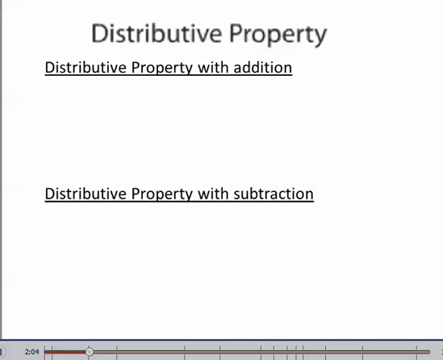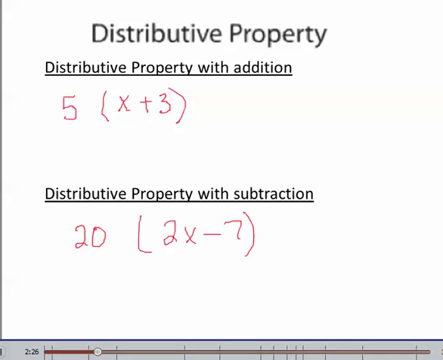So let's come up with some examples of the distributive property. Something like I could have a 5 on the outside, and then on the inside I might have x plus 3. And I could have something like 20 on the outside, and on the inside I could have 2x minus 7.